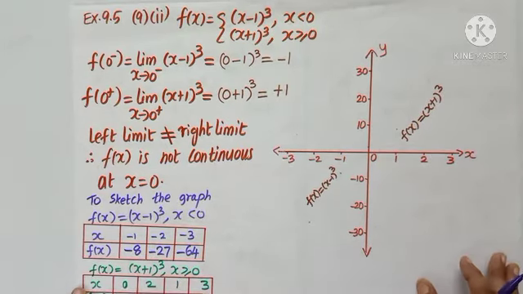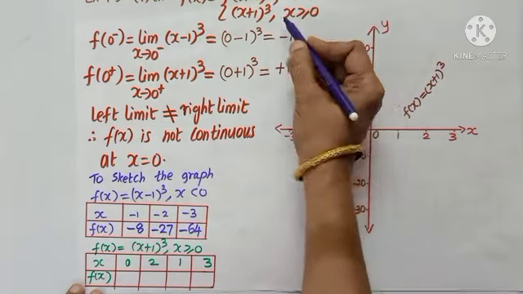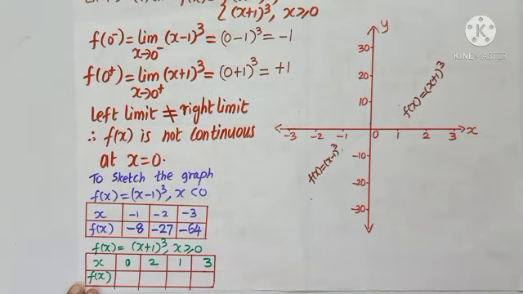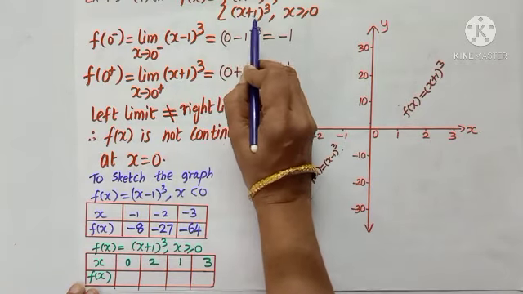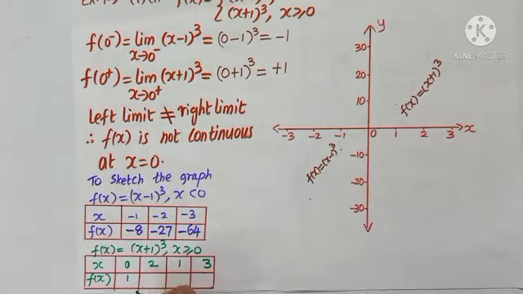Similarly, we can substitute for the next interval where x is more than or equal to 0. So equal to 0 tells me I can start from 0. Say the values 0, 1, 2, 3. As I substitute in the function which is x plus 1 the whole cube, when I put 0, 0 plus 1 the whole cube, that is 1 cube, which is 1.